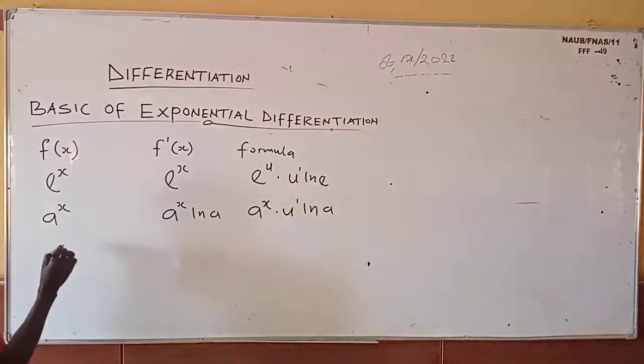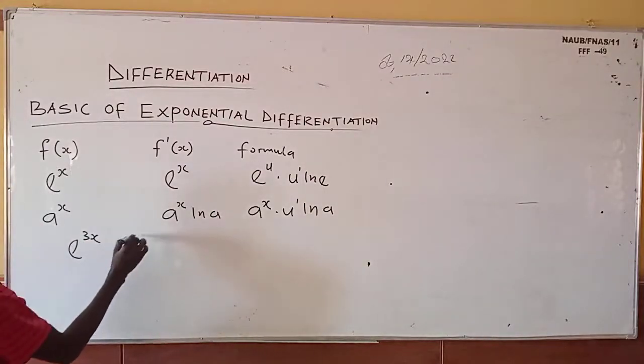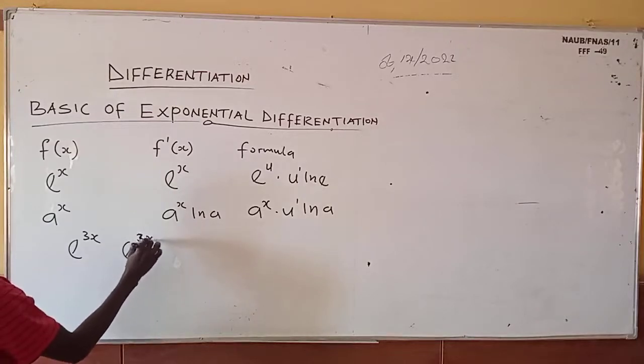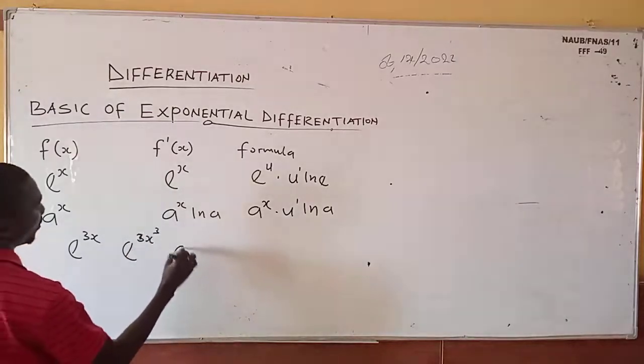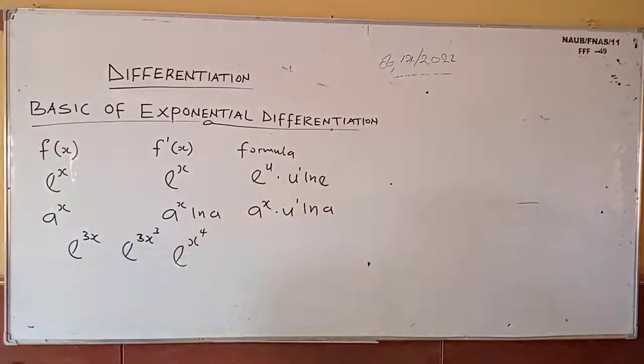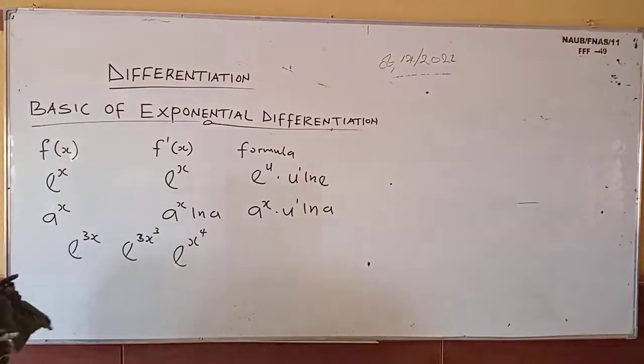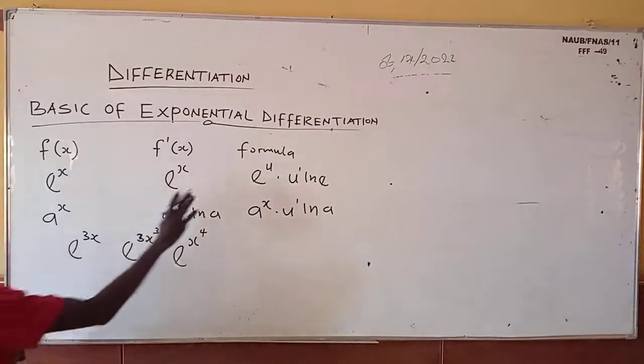Now let's take some examples on how we can use this formula. Let's assume we have exponential 3s, exponential 3s cubed, and exponential s to the power of 4. Let's look at the first one. If you differentiate exponential 3s, the formula is in the form of u.